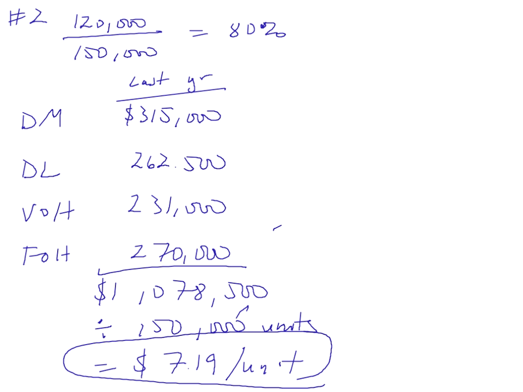But now we have to calculate this year's costs. So the first thing we're going to do is figure out, we made 150,000 units last year. How much would it have cost us to make it this year?